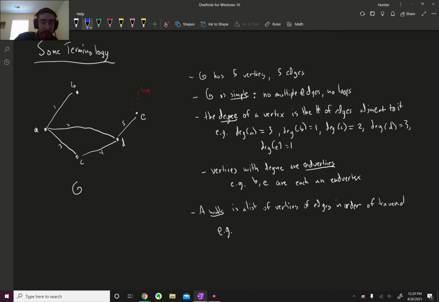One walk in my graph might be to go from A along edge 2 to D, and then along edge 5 to E. So in blue, we have the walk A, 2, D, 5, E. Or, because we don't have any multiple edges, we could specify a walk just by saying the vertices that we're going to walk between, since there's only one possible edge to go from A to D, and the same between D and E.